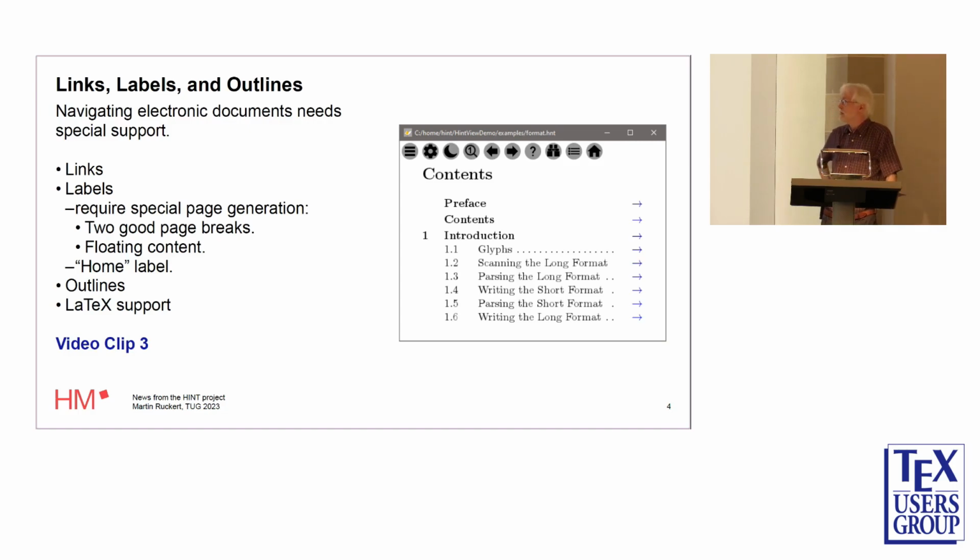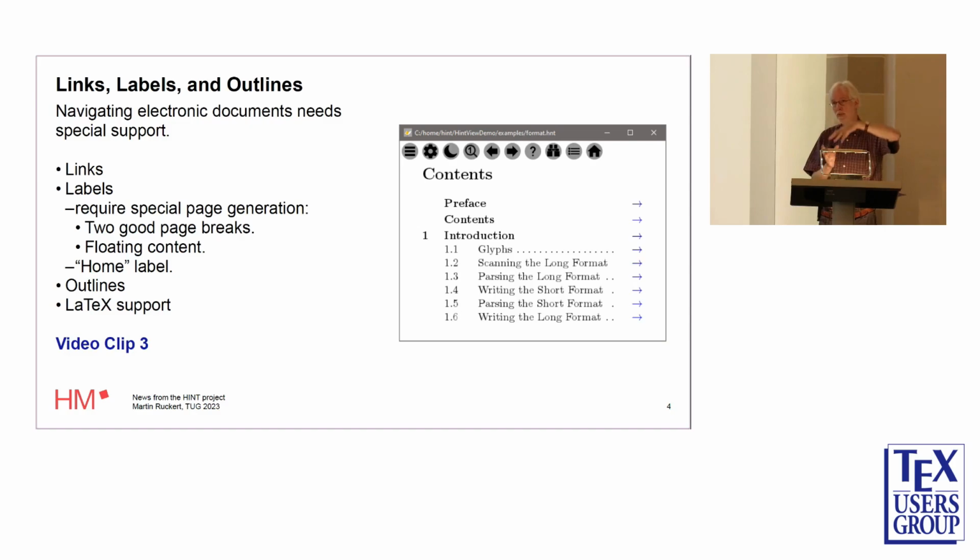And there is one big difference between going to a label in a PDF file, where you just need to switch to the right page, whereas in a HiTeX file, there are no pages. You have a label somewhere in your document, and you have to generate the right page at the given size in your window for that label.